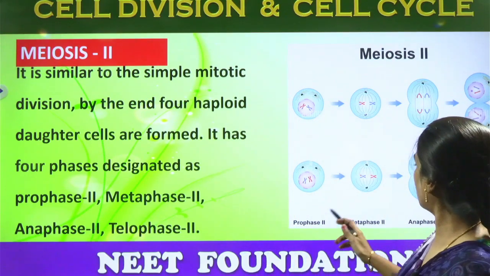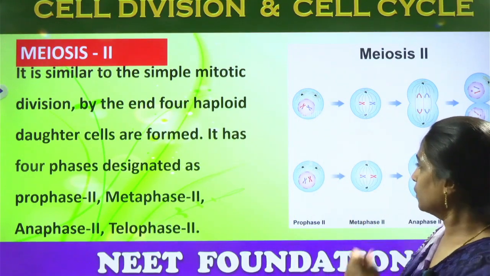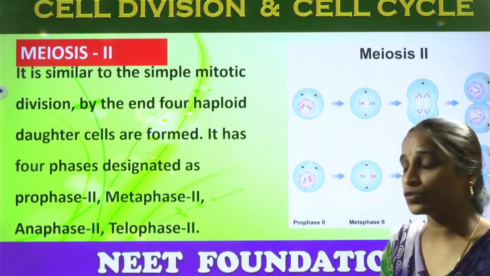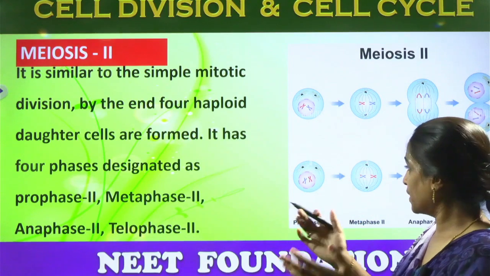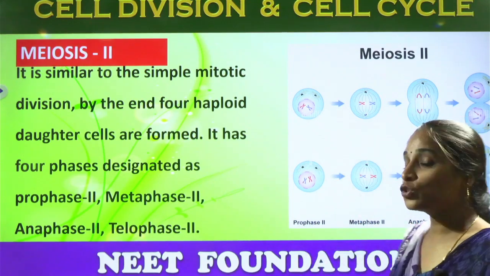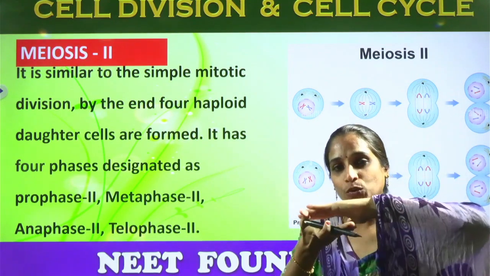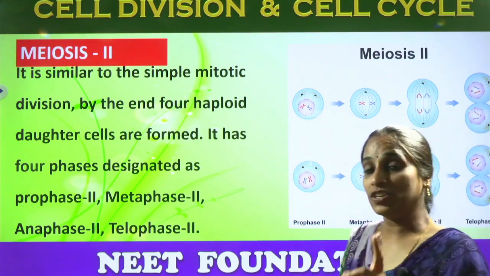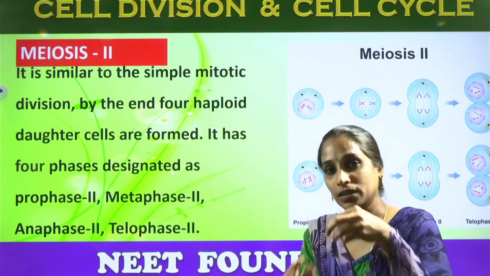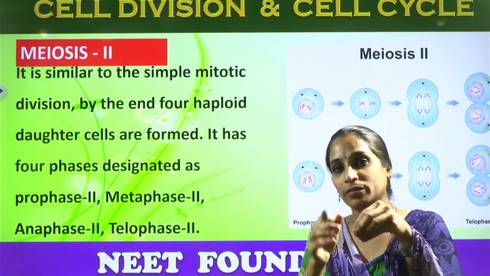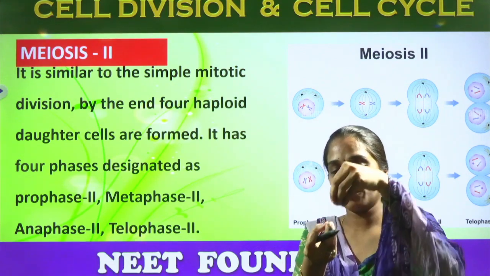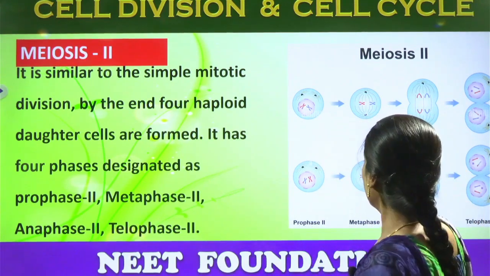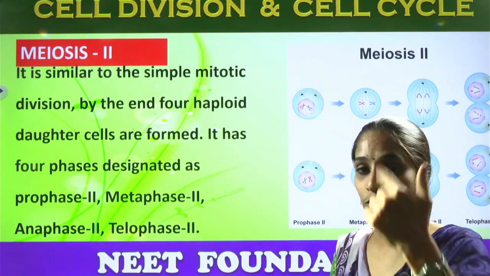Within prophase 2, we can observe the formation of the chromosomes. Chiasmated chromosomes will again form separately, and in metaphase 2 we can observe the formation of the equatorial plate. The centromere of each chromosome will be attached to the spindle fiber in the equatorial plate, and next the chromatids are distributed to the opposite poles.